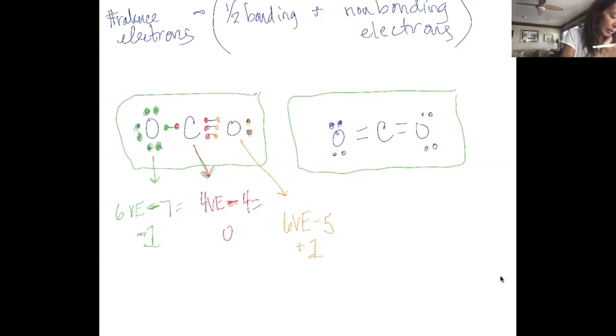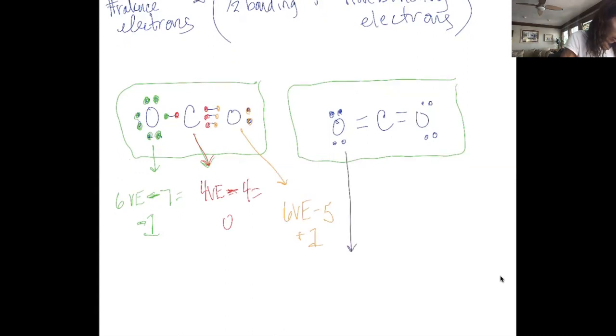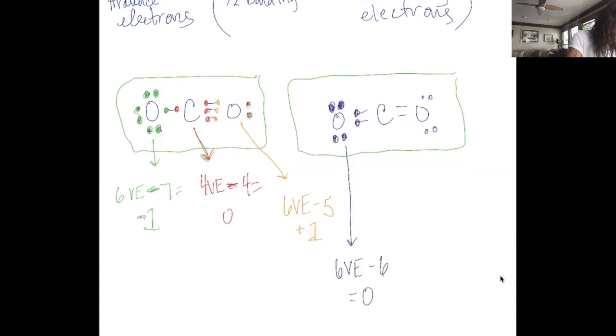Okay, well, let's do the same for the other. And so let's start here. He's got 6 valence electrons minus 1, 2, 3, 4, 5, 6. So that equals 0. Carbon here has 4 valence electrons minus 1, 2, 3, 4. So that's 0.